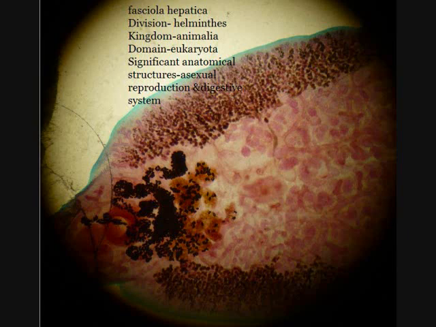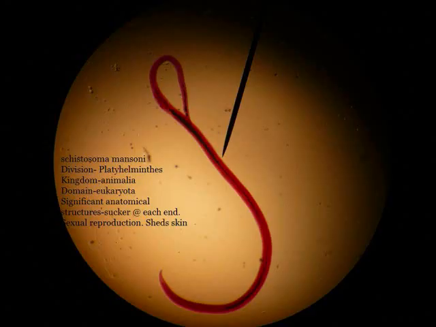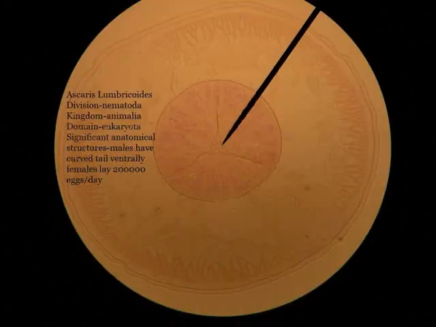On page 12, you'll see Redi's experiment where he had the rotting meat, and he had a lid on one dish and a covering missing from the other dish. And then he went on to observe where he saw maggots. So that was that experiment. And then Pasteur's swan neck flask experiment is explained to you on page 13.